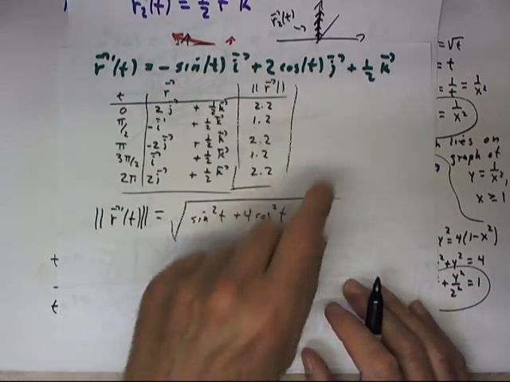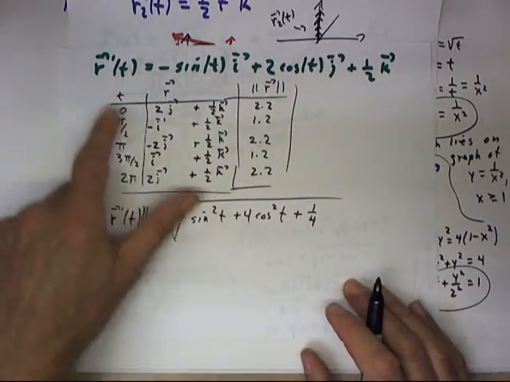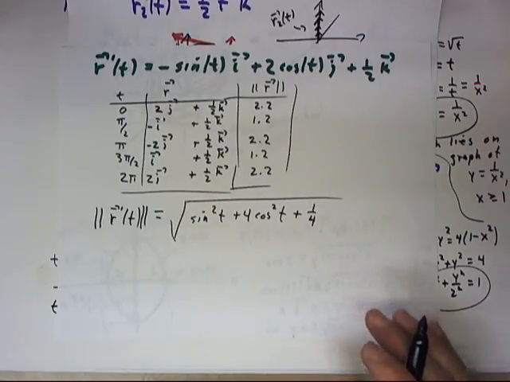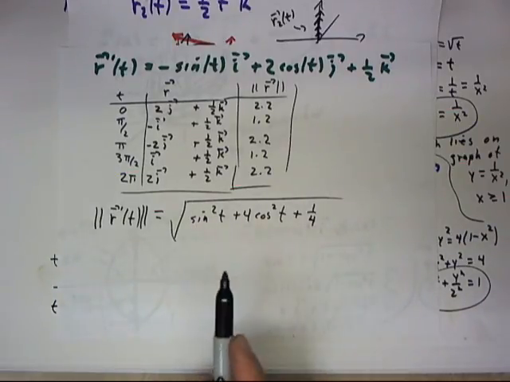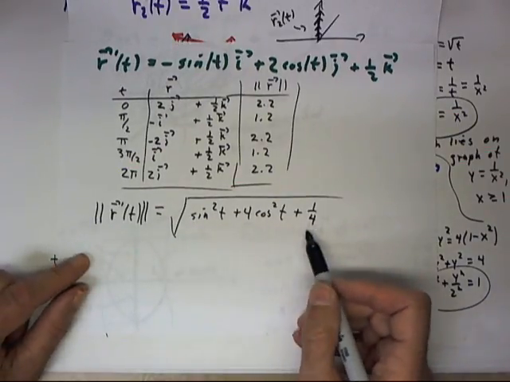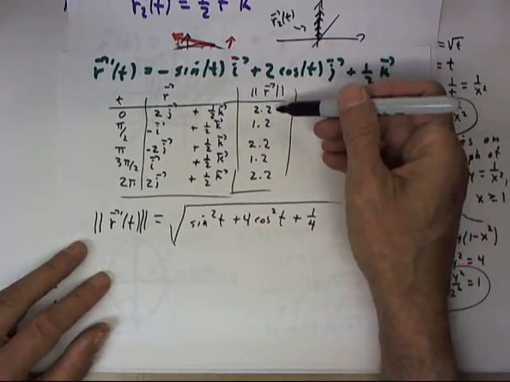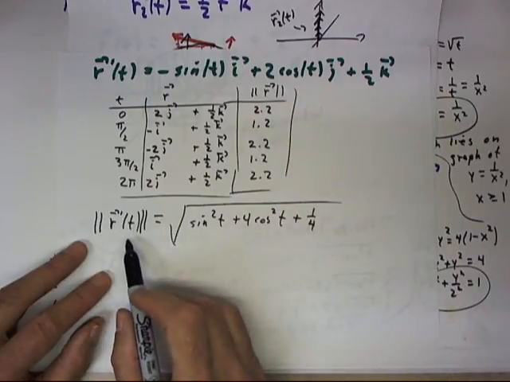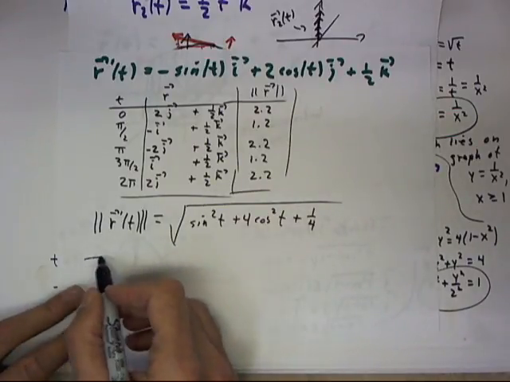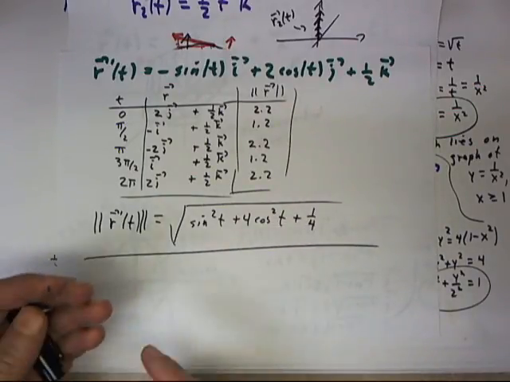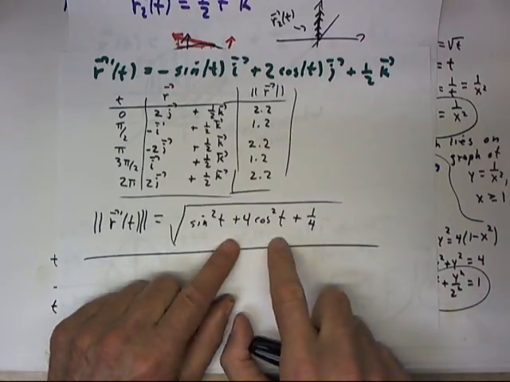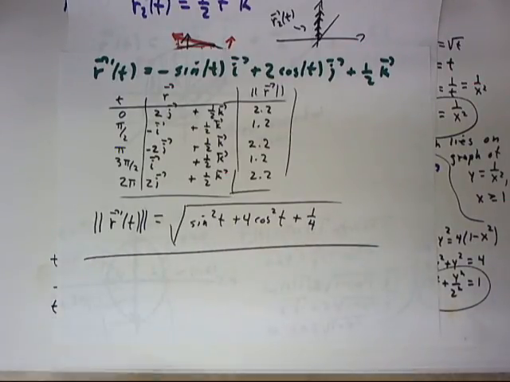Just taking the sum of the squares, applying the Pythagorean theorem to the r prime function. This function could be analyzed. We could take its derivative, find its maximum, its minimum, and verify that actually these are maximum and minimum values of the magnitude. Once more, we're not going to go into that calculation. It's really too messy to fool with, but in principle it's a fairly easy thing to do.